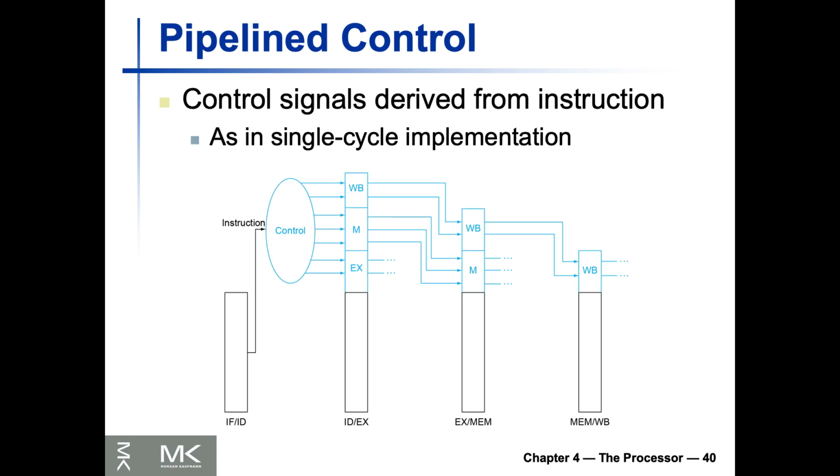In reality, what it does is at each stage, the control needs to assert this amount of operation ahead of itself. So the more you go forward, one of them has been already done, so when you reach this stage, we are doing actually the X, so the X will be gone. If you reach this stage, your mem is gone, so the only thing you have to do is write back, okay?